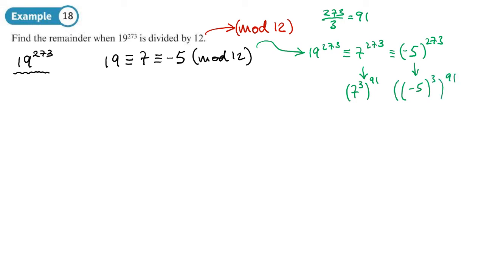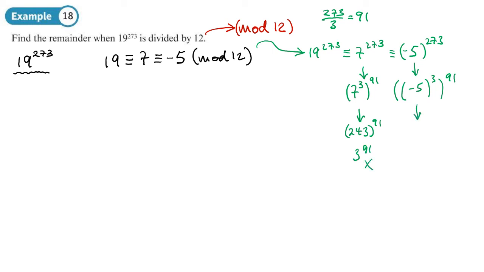They may not. 7 cubed is 343, and 343 written in mod 12 is going to be 7. So you've got 3 to the power 91, so not really anything we can do with that.